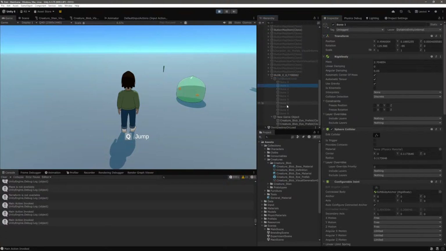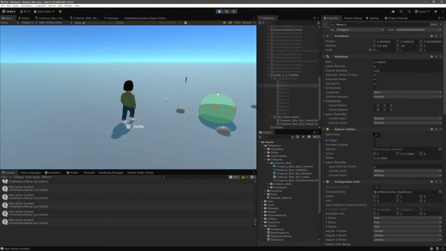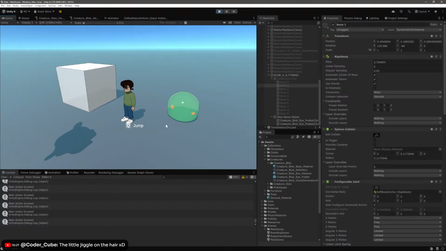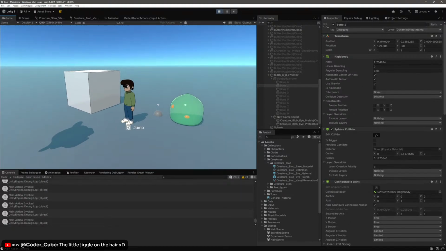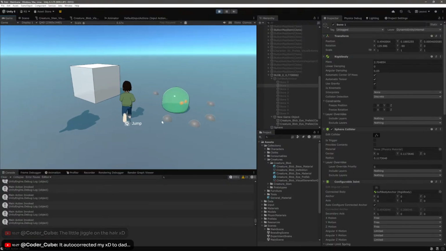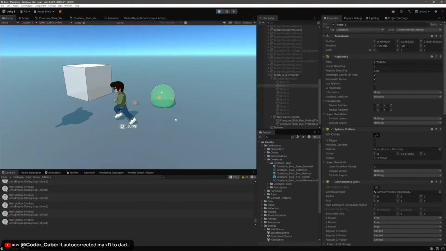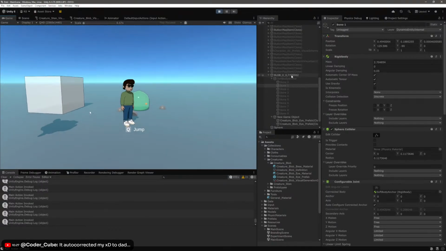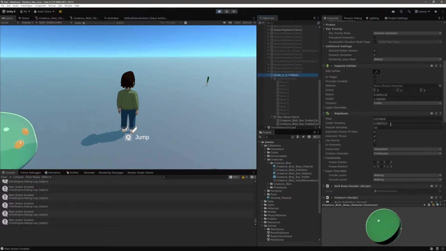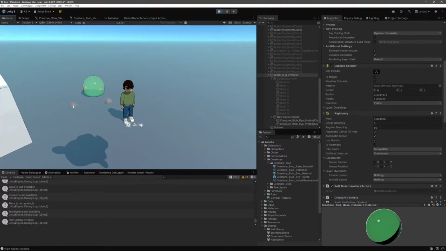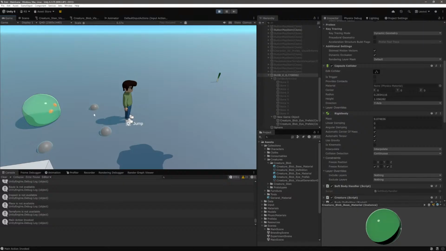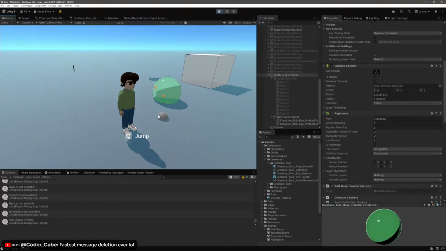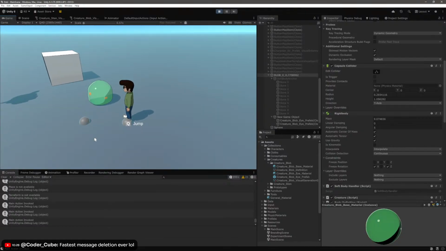Can we do this? It's like the angular damping is... Oh!